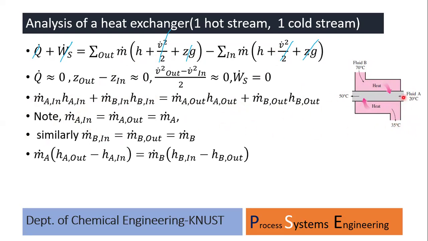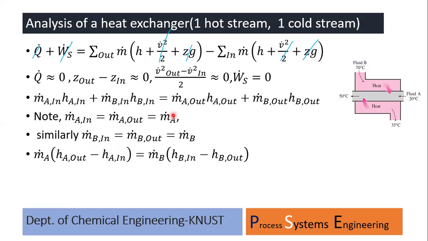And one other thing to note is that the mass flow is not going to change. So whatever mass flow A had is going to come in and out with that. Whatever mass flow B had is going to come in and out with that. We also proved that yesterday, right? So we are saying here that MA in will be equal to MA out.